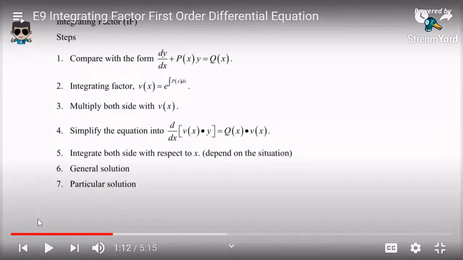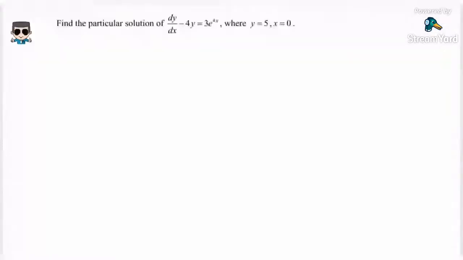Here we have the example. Find the particular solution of dy dx minus 4y equals to 3 multiplied with exponent 4x, where y equals to 5 and x is equals to 0. Step number 1, compare dy dx plus px multiplied with y equals to qx.